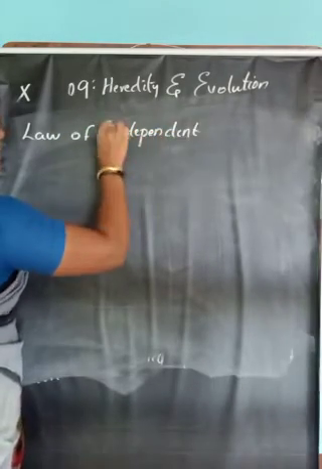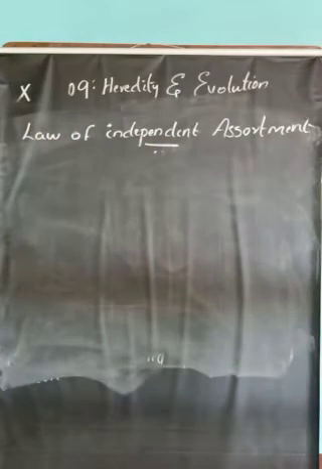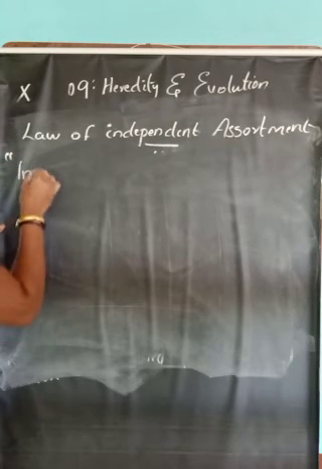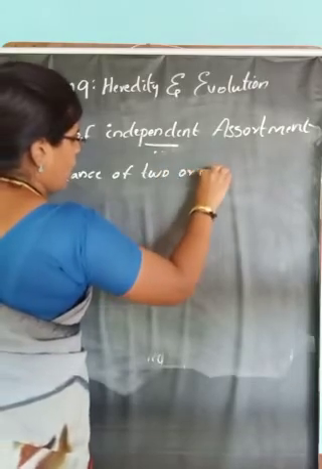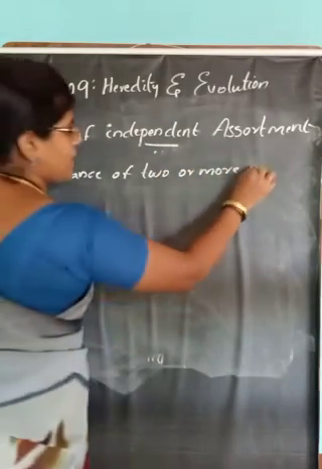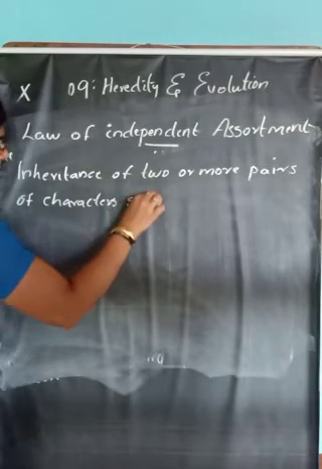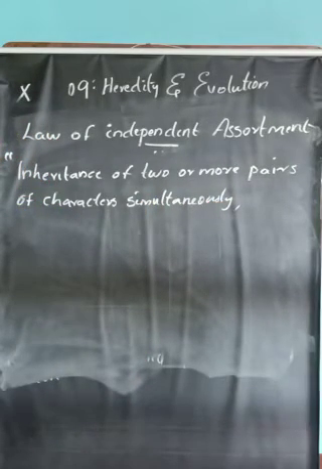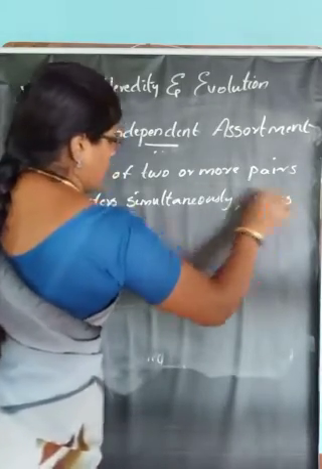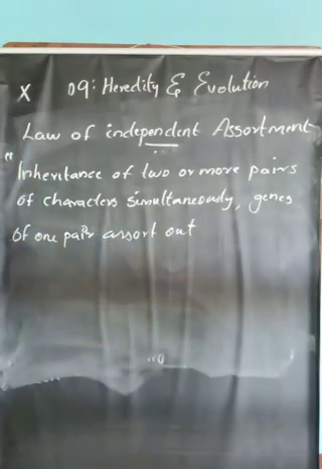Law of independent assortment. The law states that inheritance of two or more pairs of characters simultaneously, genes of one pair assort out independently of the other pair.